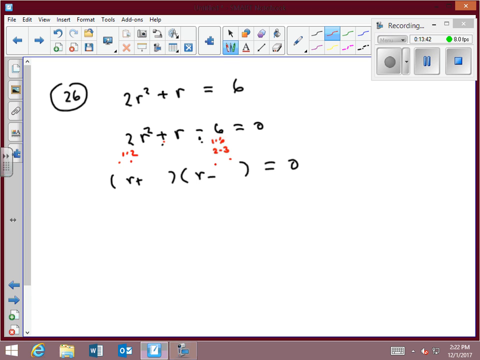So now, where does the 2 and where does the 3 go? The larger product has got to be what? A positive or negative? Positive. So which is involved in the larger product, the 2 or the 3 of these two?